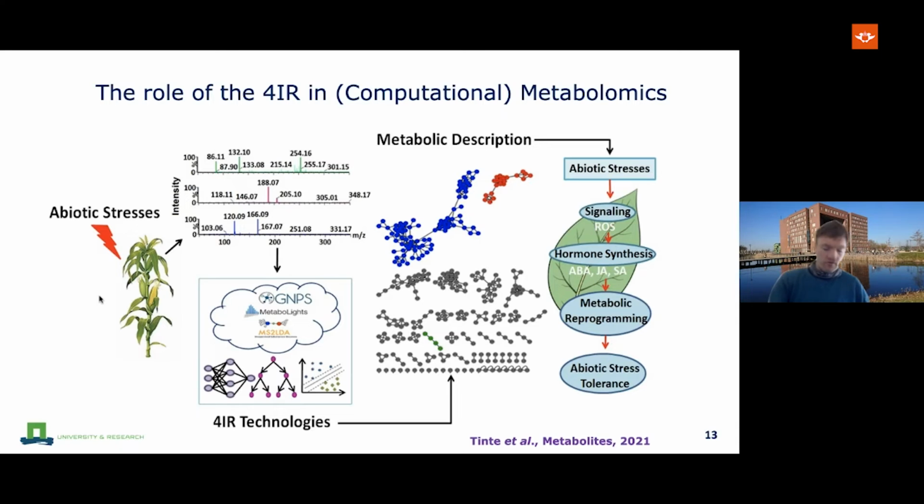And the role of 4IR in computational metabolomics is really to go from the spectral data to interpretation. We can use networking tools and substructure-based tools to create informative networks to then try to answer questions like what kind of pathways are involved in abiotic stresses, as you can see from this graphical abstract from work by Morena Tinte and also with Fidel that came out last year.